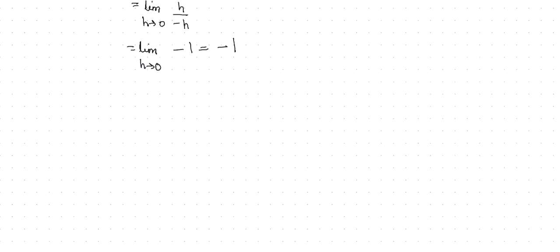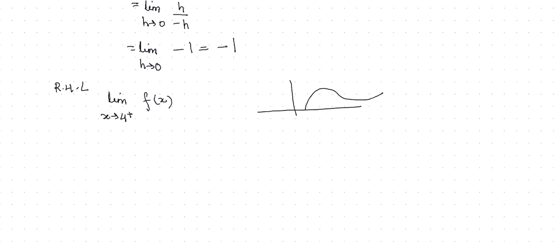Now for the right-hand limit, x tends to 4 plus of f(x). So here, if the graph is like this, with 4 here, the graph is not like this for this particular question, but I'm just showing you.